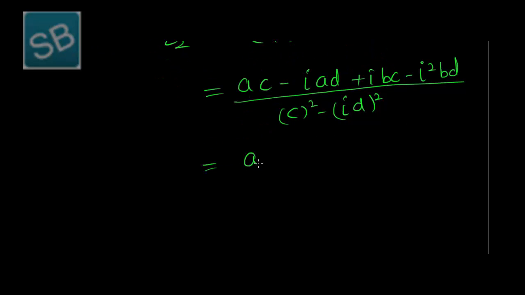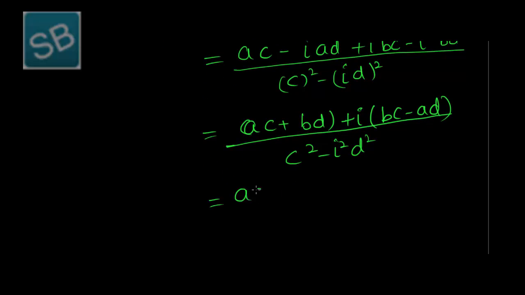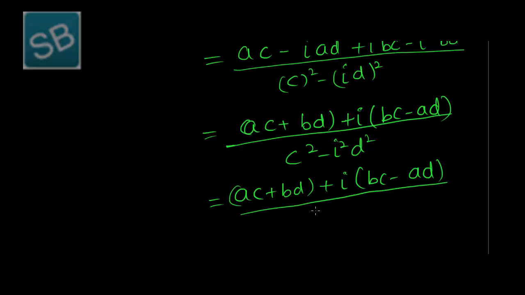So it gives (AC plus BD), by putting the value of iota square equal to minus 1, and taking plus iota (BC minus AD) over C square minus iota square D square. So here we get (AC plus BD) plus iota (BC minus AD) over (C square plus D square).